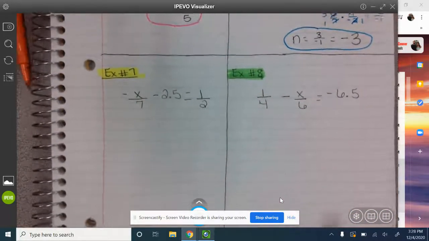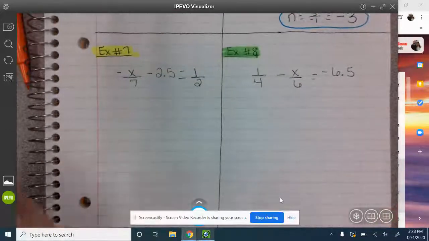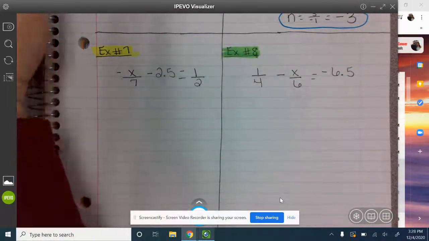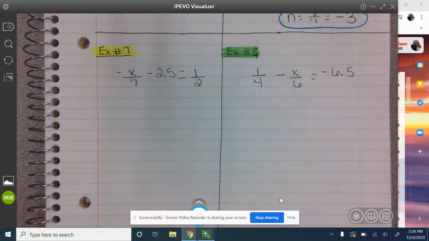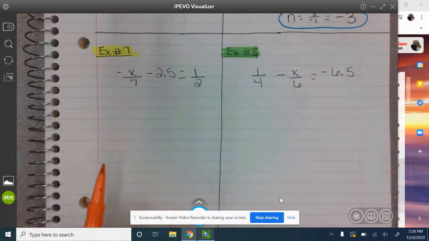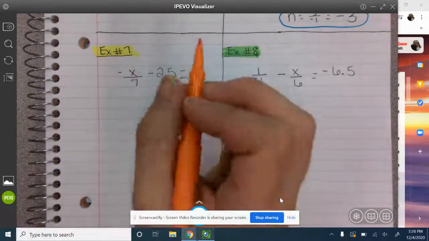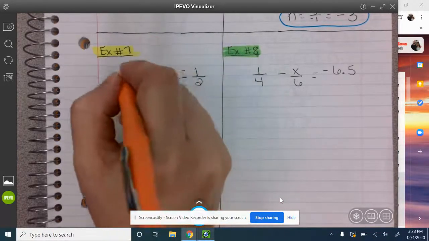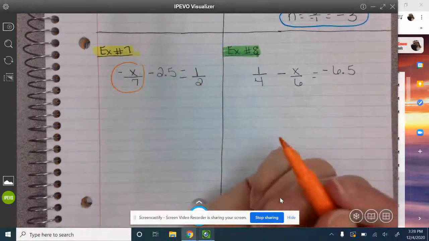We are almost finished with these. We have 2 more that we're going to look at together before you try some. So, on this next one, we have negative x over 7 minus 2.5 equals 1/2. So what we've got to do first is we want negative x over 7 by itself.